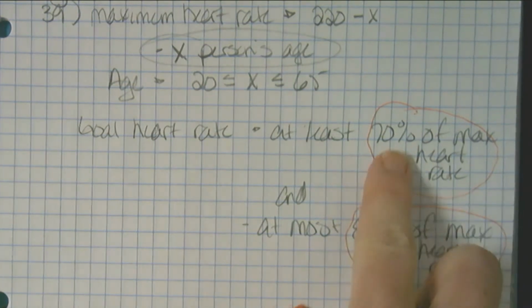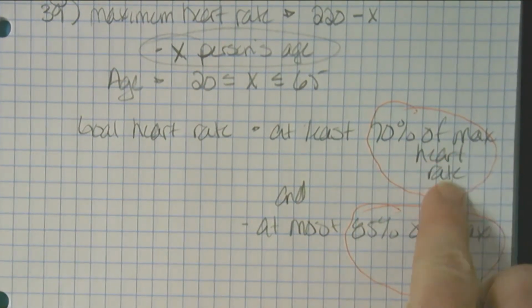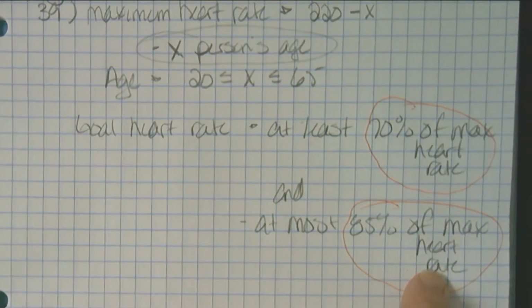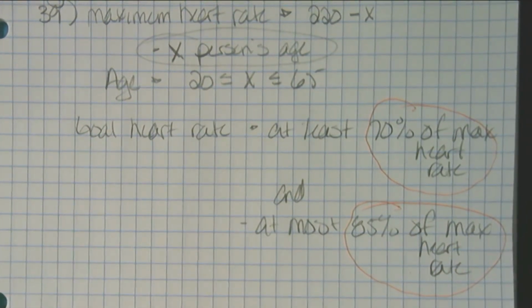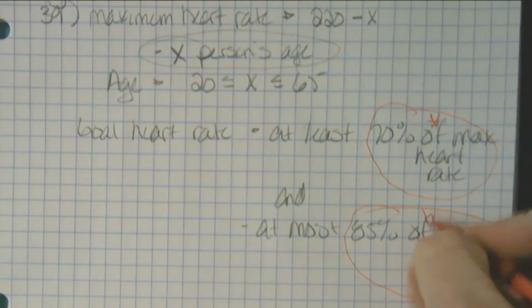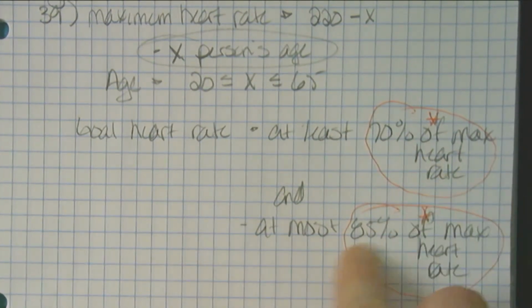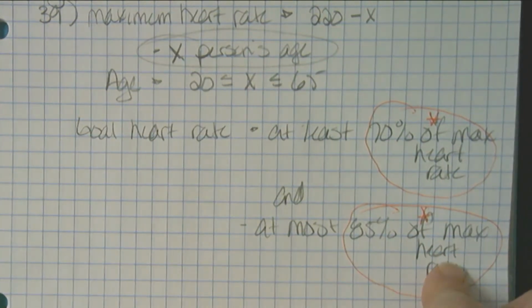This says 70% of the maximum heart rate, 85% of the maximum heart rate. What operation goes with "of" when it's after a percentage or a fraction? Multiplication. So we need to multiply 70% times the maximum heart rate and 85% times the maximum heart rate.